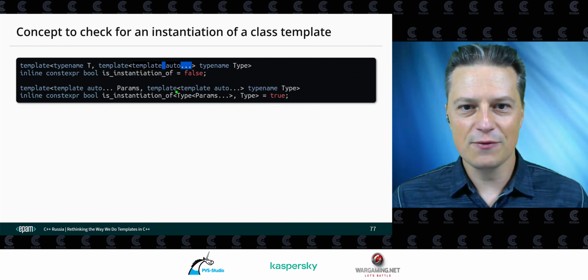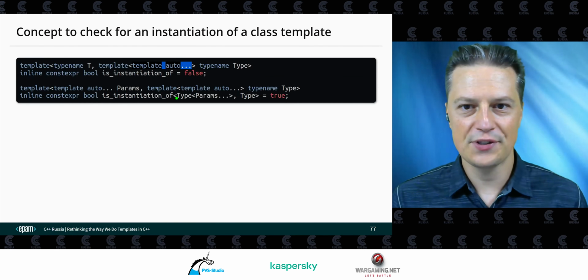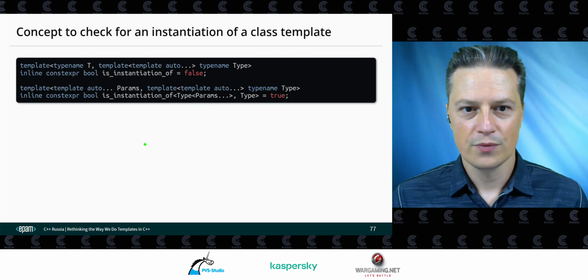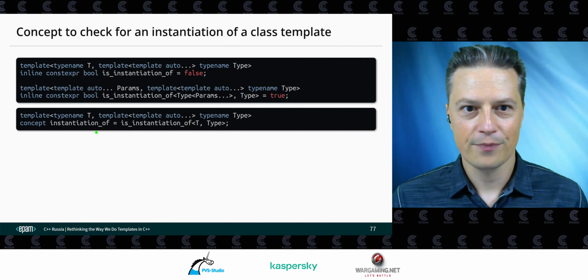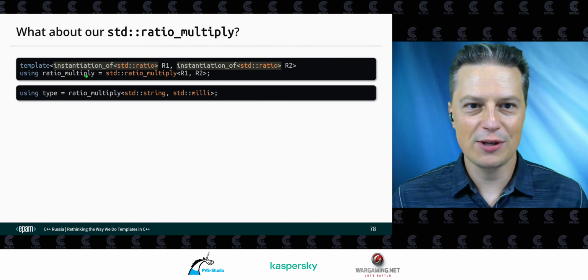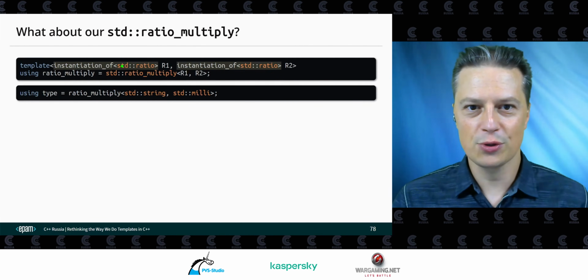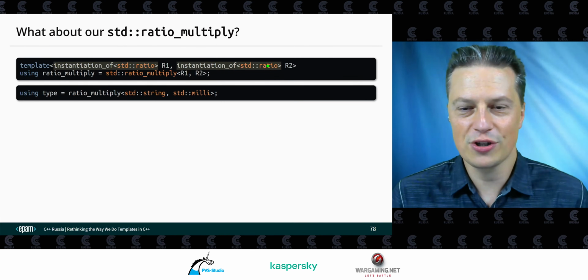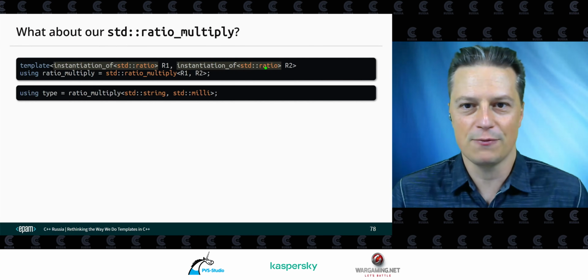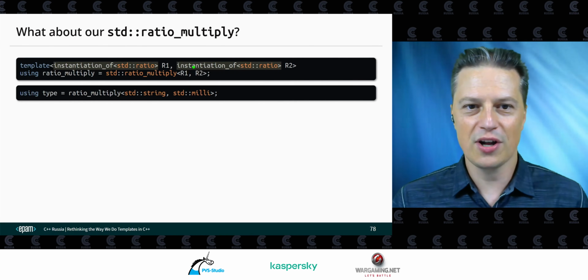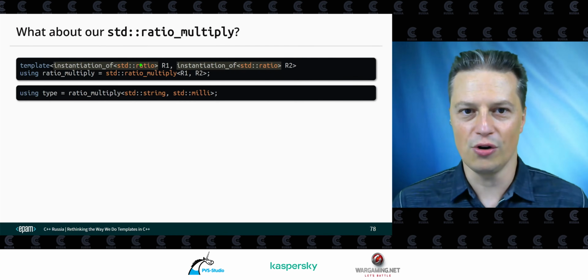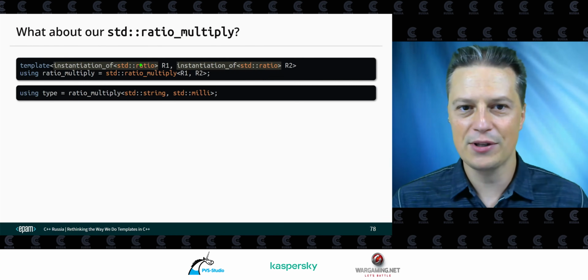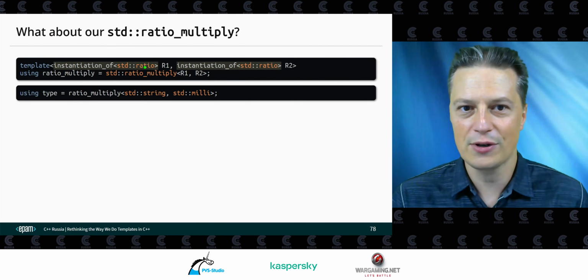And basically it checks if this instantiation works correctly, if the type is the same. So I can write a template called instantiation of. And then I can write my ratio multiply as instantiation of std ratio, instantiation of std ratio, and it just works fine. I don't have to provide any type traits to detect ratio because the concept already will check it and it will take everything, and we will not care if the ratio has type parameters or non-type template parameters or some template parameters.